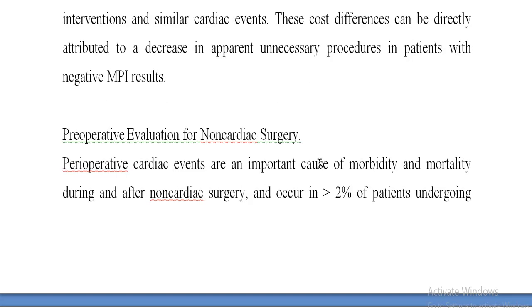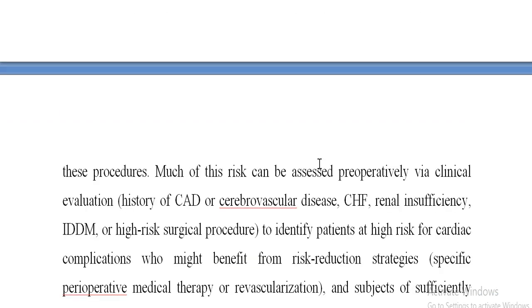Preoperative evaluation for non-cardiac surgery. Perioperative cardiac events are an important cause of morbidity and mortality during and after non-cardiac surgery and occur in greater than 2% of patients undergoing these procedures.